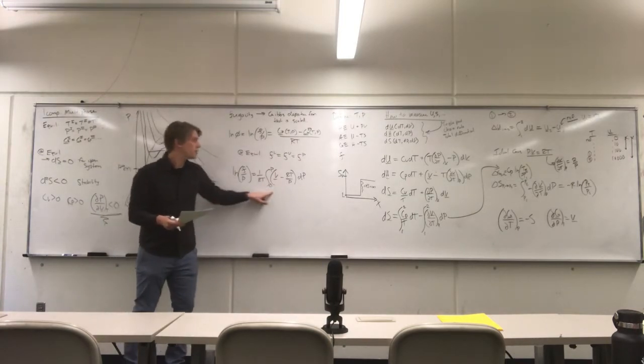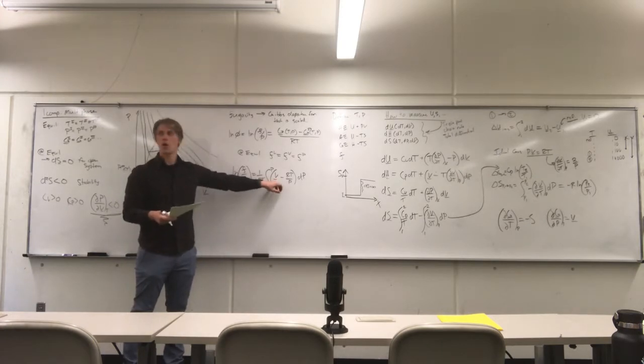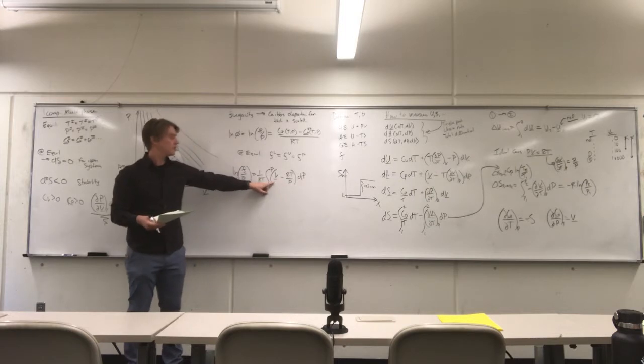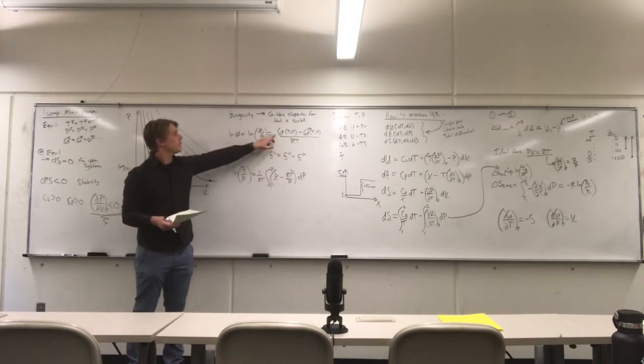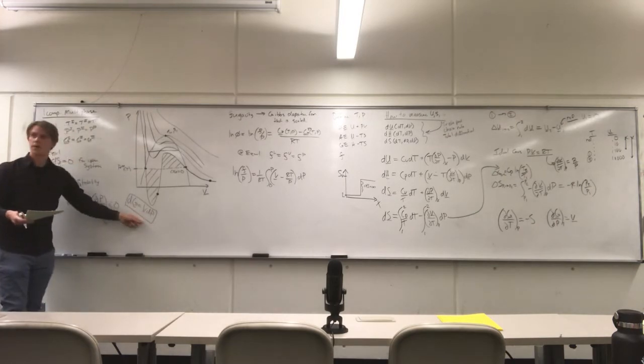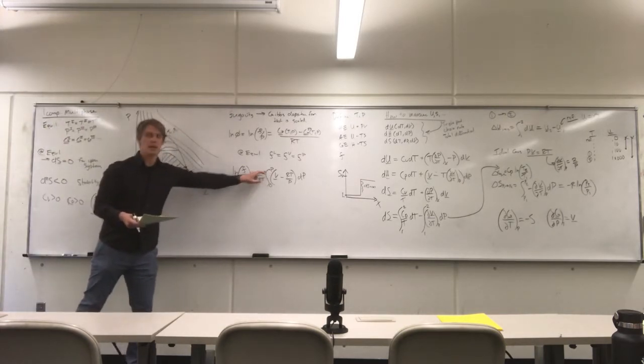Now, this expression is not particularly useful because that requires us to have a volume explicit form of the equation of state. This RT over P is the volume of an ideal gas. This is the volume of a real fluid. And that's how we get the deviations here, because we're calculating the change in Gibbs free energy going from an ideal gas state to some finite pressure.